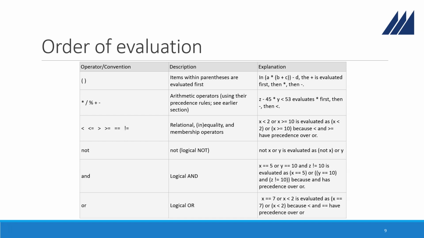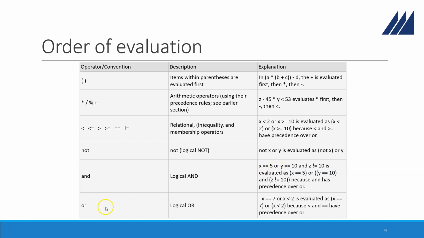Then you evaluate y equal to 10. After that, you evaluate z not equal to 10. Then you combine these two, and whatever the result, true or false, you evaluate it with x equal to 5 with the or.